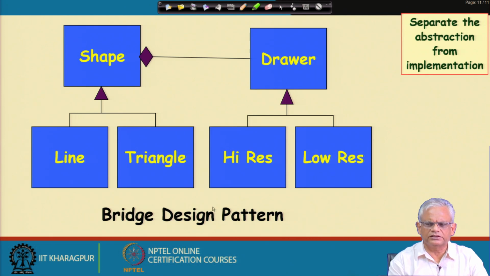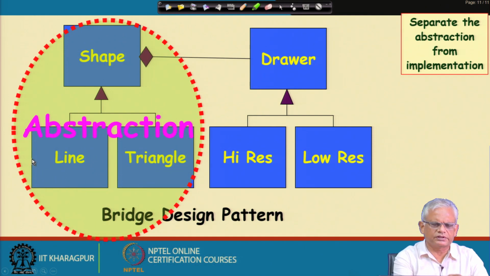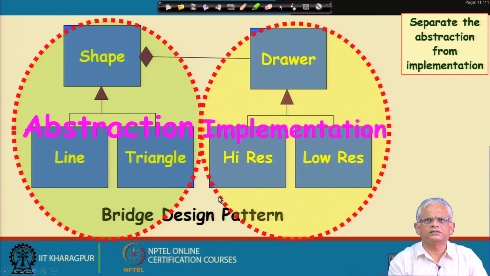Rather, in this pattern, the abstraction hierarchy is separate from the implementation hierarchy, and any change to the implementation hierarchy, we just make that change without affecting the other hierarchy. So, the left side is the abstraction hierarchy and the right side is the implementation hierarchy.